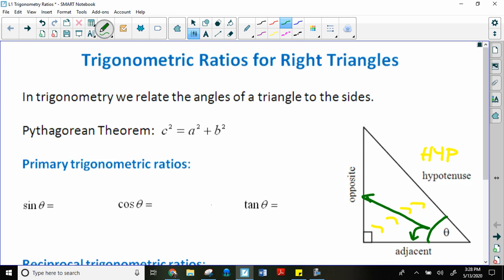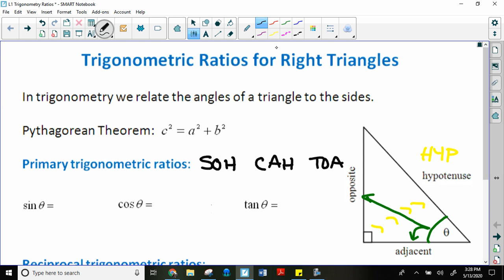Okay? Then you learned that you can make these fractions knowing what the different sides are. And these different words meant different fractions. So, SOH CAH TOA.